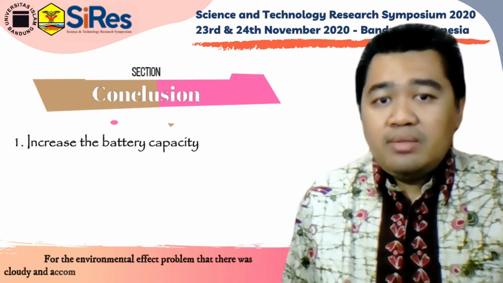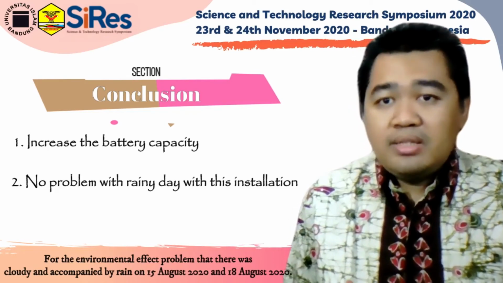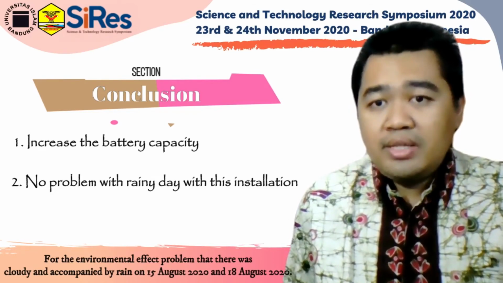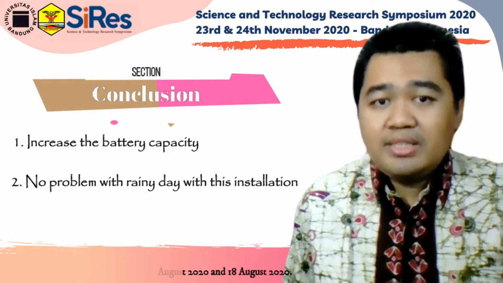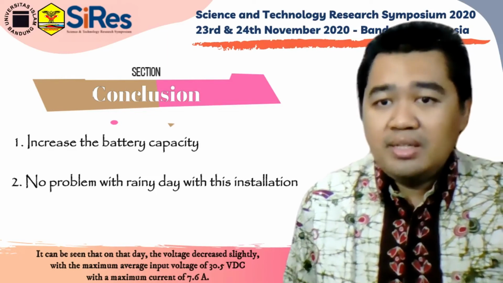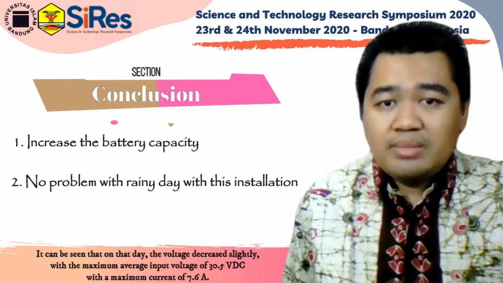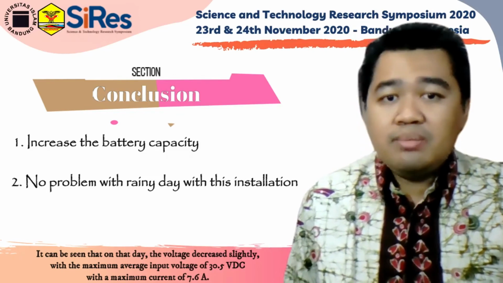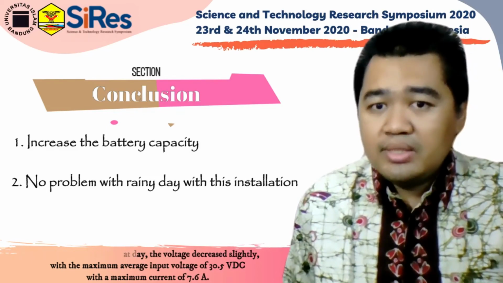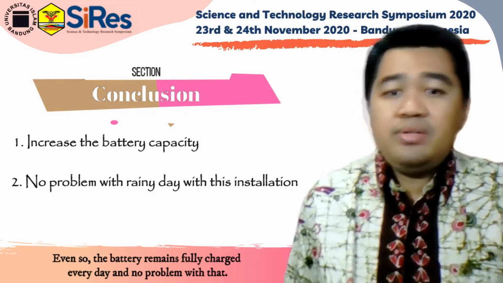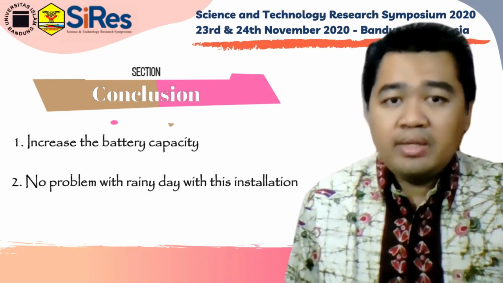For the environmental effect, there was cloud and rain on 15 August 2020 and 18 August 2020, and on those days the voltage decreased slightly, with a maximum average input voltage of 30.5 volt DC and a maximum current of 7.6 ampere. Even so, the battery remains fully charged every day, with no problem.